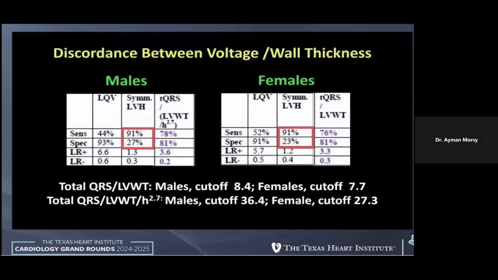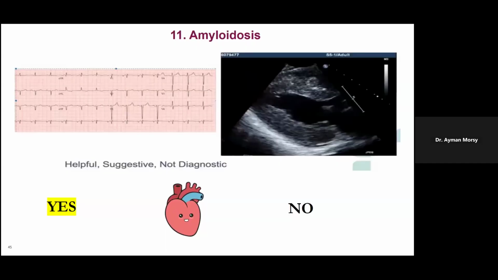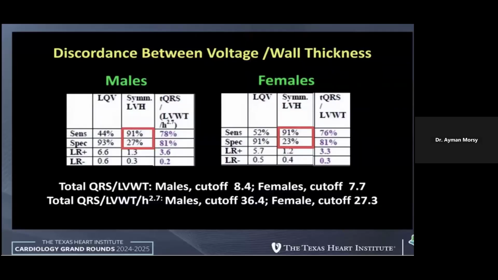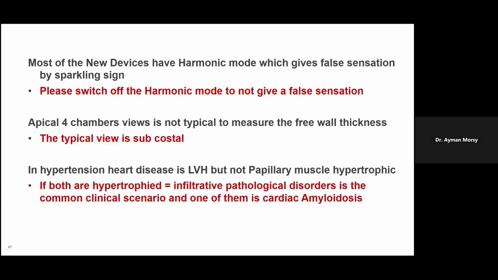Sensitivity is very high in males, at 91, but specificity is very low. So as I mentioned, helpful and suggestive, but not diagnostic. The sensitivity is fine, but the specificity is low. That's why I make this an important point.